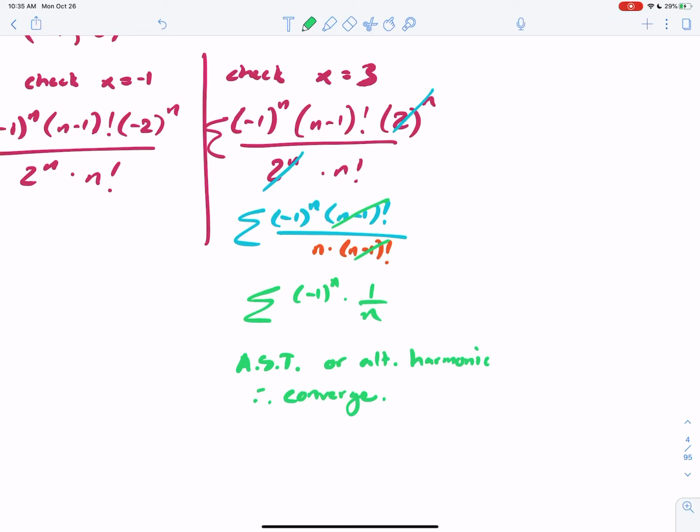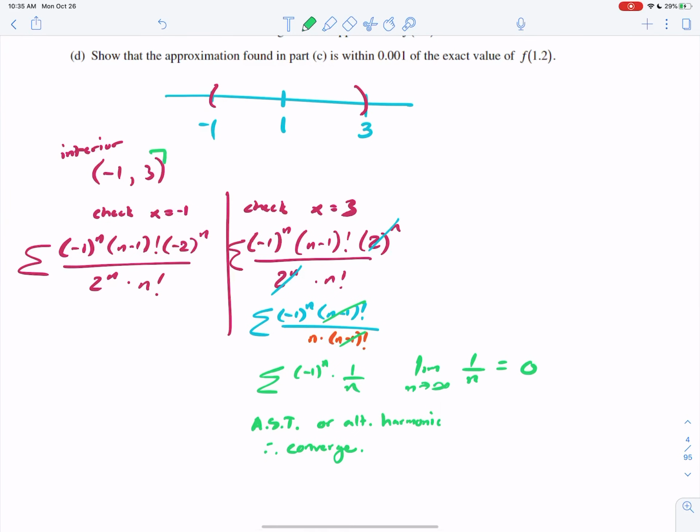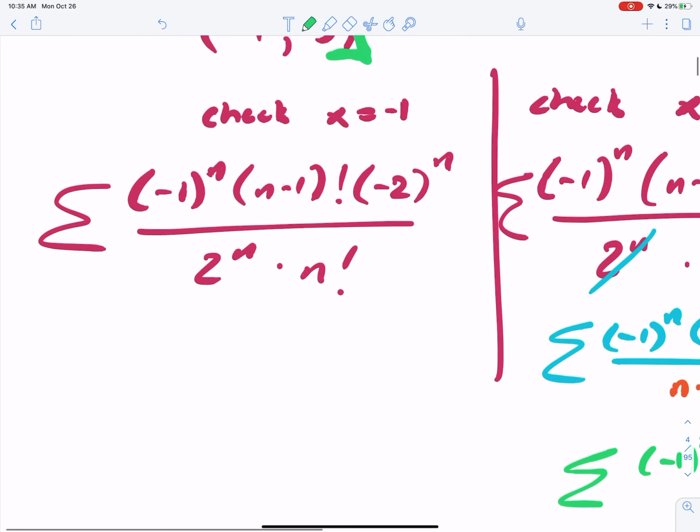We should know that alternating harmonics converge and harmonics diverge. Or using the alternating series test, you take the limit of the non-alternating part. And since it goes to 0, you know it's going to converge, okay? So here, I know that I'm going to include my 3. Okay? We'll do the same thing here.